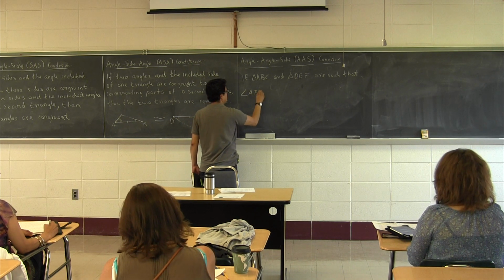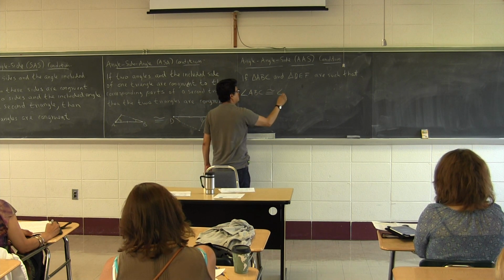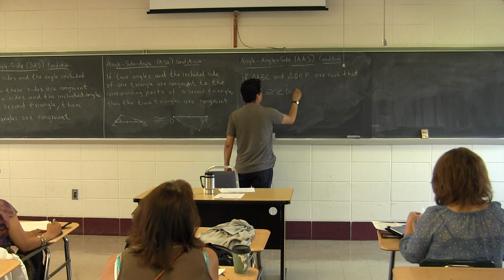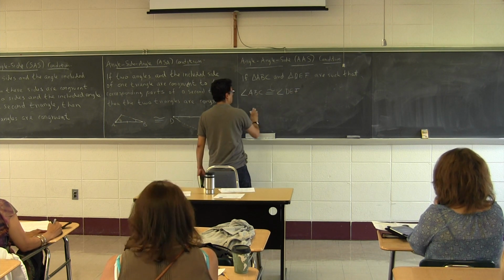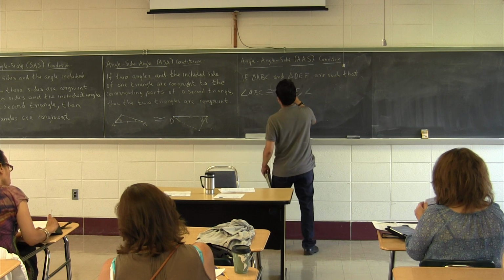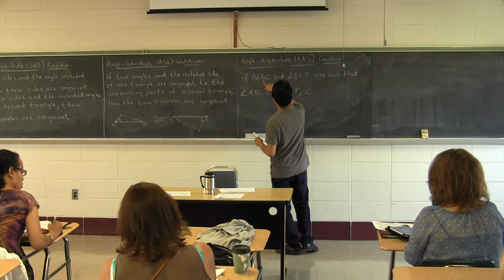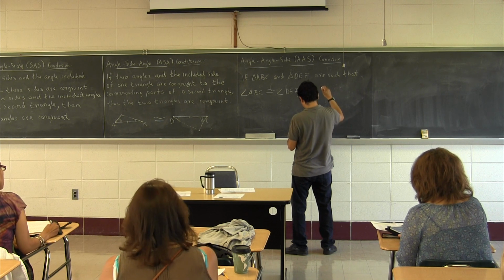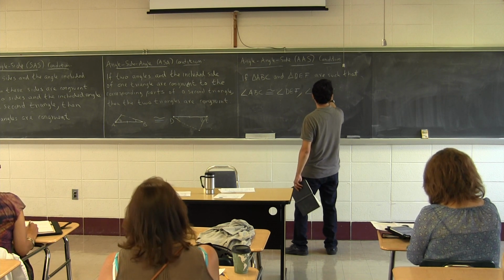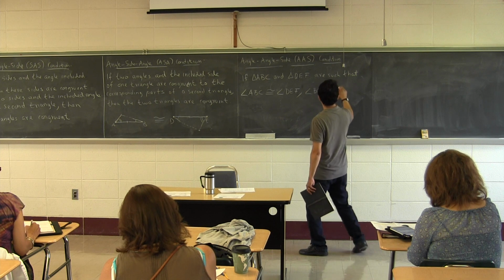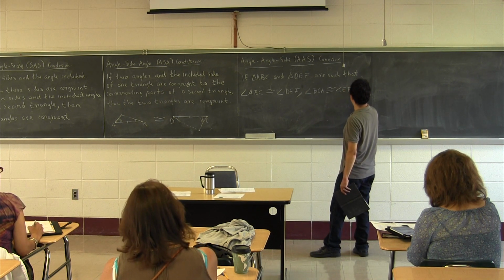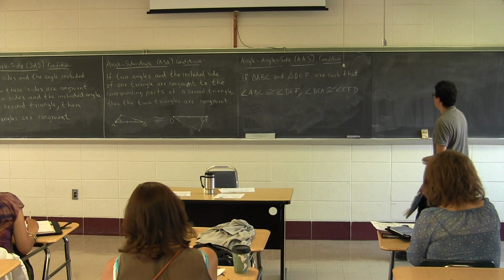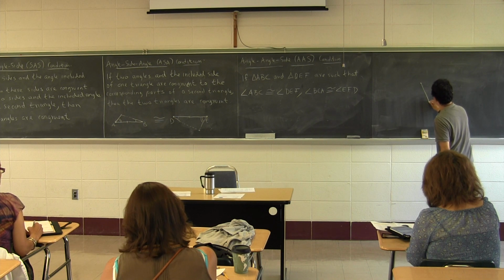Angle ABC is congruent to the angle DEF, and the angle BCA is congruent to the angle EFD. And so let me make a picture here.